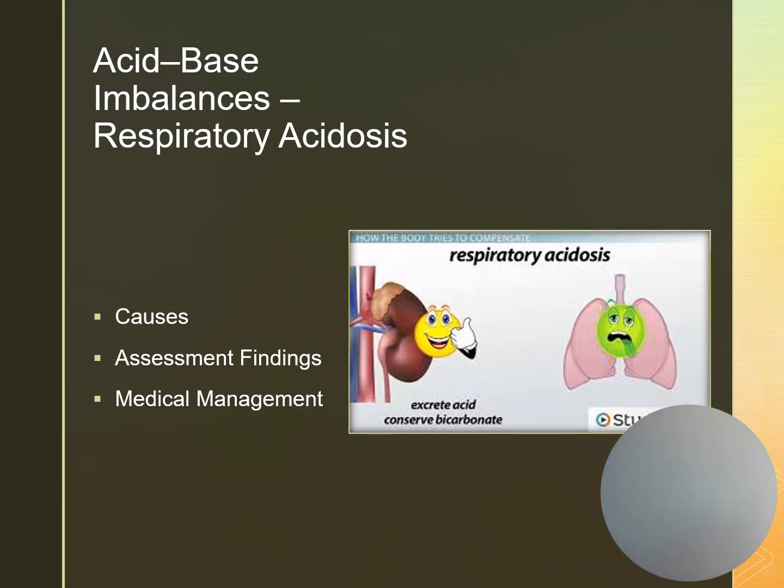Respiratory acidosis can be acute or chronic, and it's caused by excessive carbonic acid, and it's associated with extreme respiratory insufficiency. So, in other words, if we are unable to make that gas exchange, it will probably be respiratory acidosis.